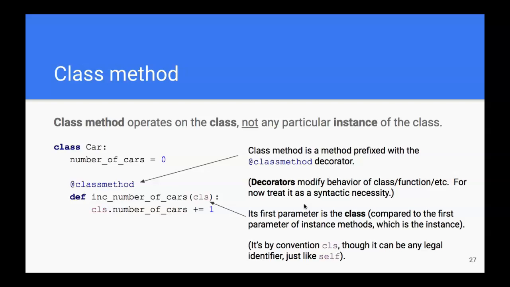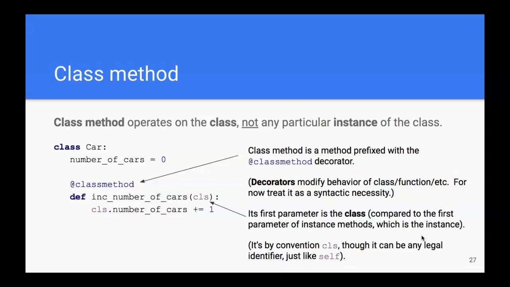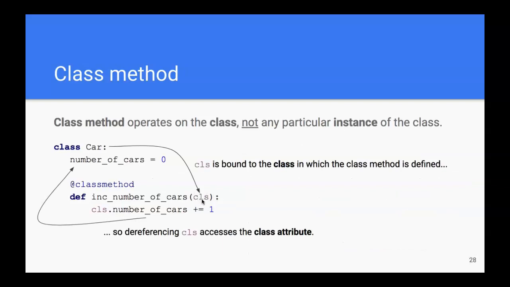And by convention, it is named cls, short for class. Although just like the self parameter of an instance method, it can be really any legal identifier. But let's all use cls so as not to confuse other people or ourselves. And the way it works is that cls is bound to the class in which the class method is defined.